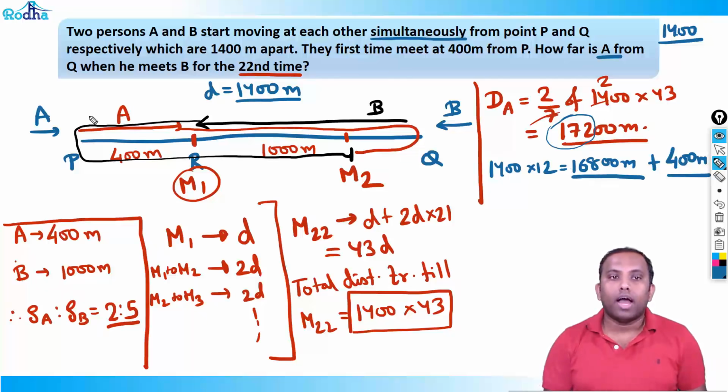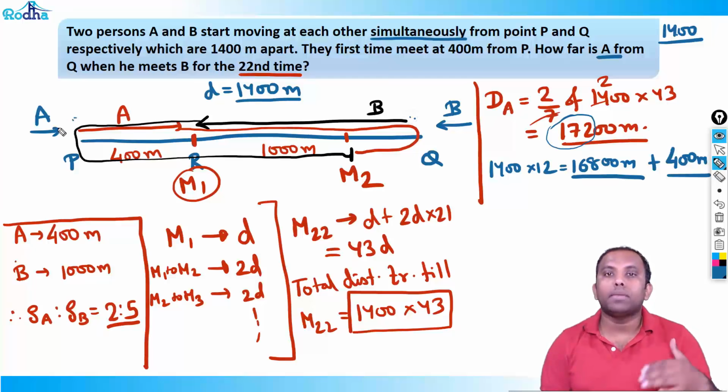You see, after one round, A will be at Q. After 2 rounds, A will be at P. After 3 rounds, at Q. After 4 rounds, at P. So at all the even multiples, A will be at P only, which is the starting point.